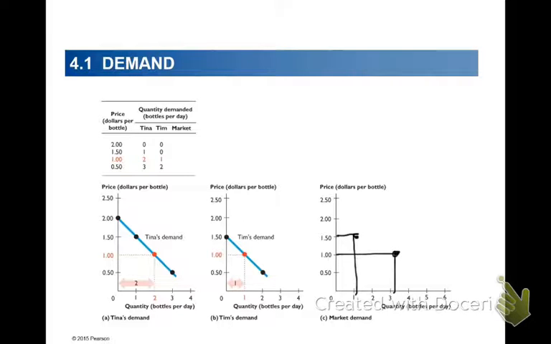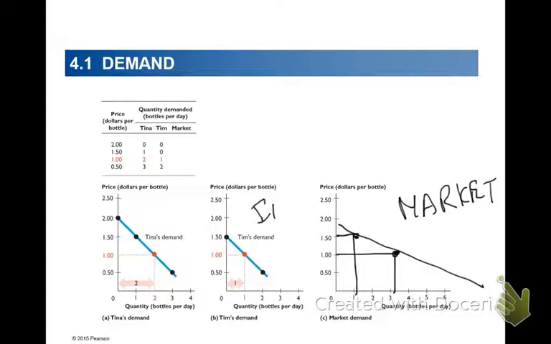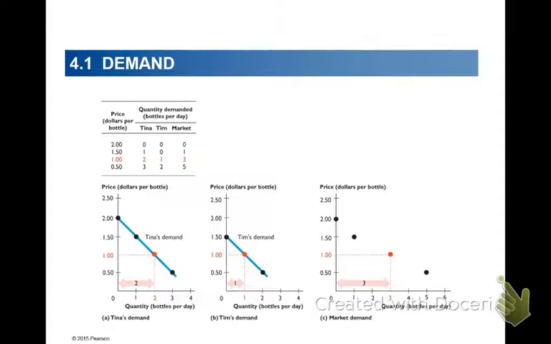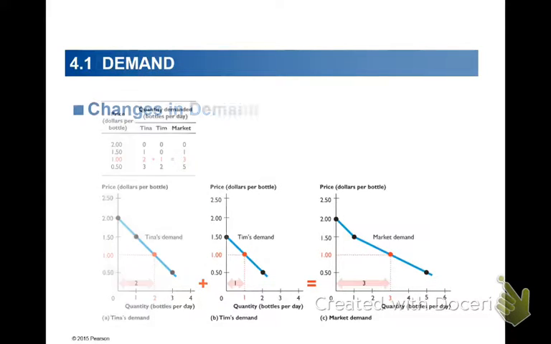That's one point on the market demand. So you're going to have points like this. When you add, you get the market demand, and these are the individual demands. So the market demand is just a horizontal sum of individual demand curves. Okay. A simple idea: if you can find the individual demand curves, you can also find the market demand.